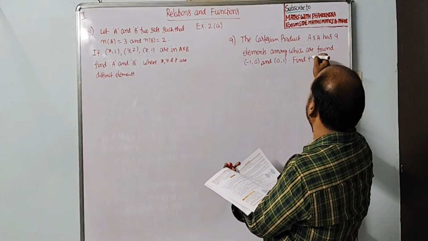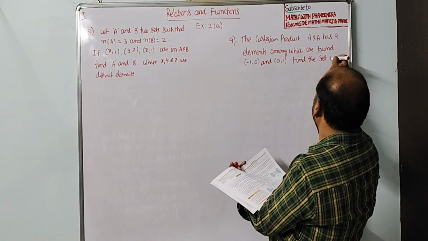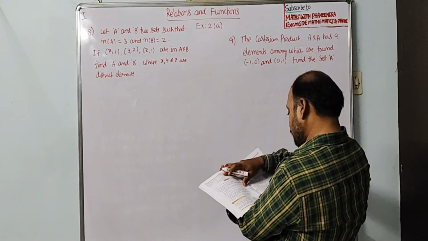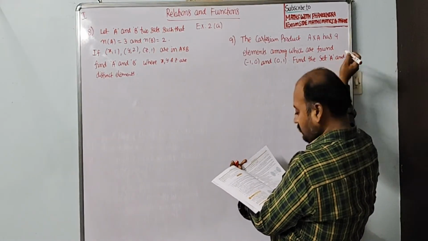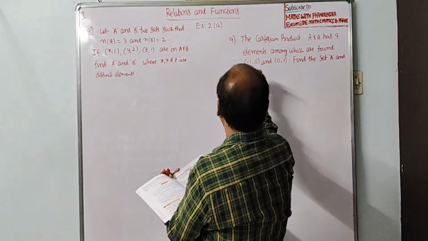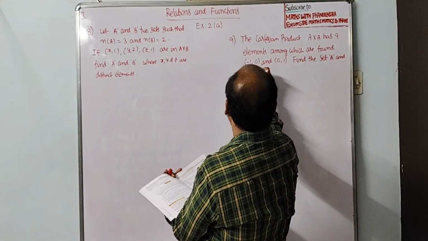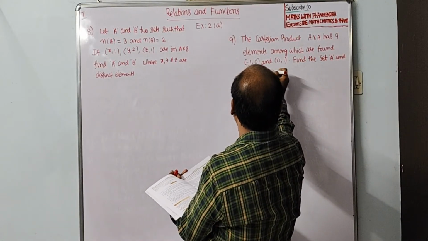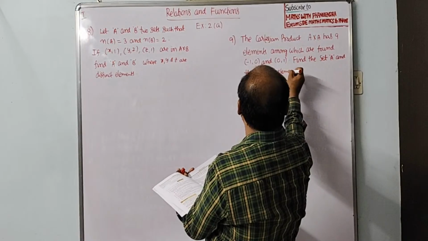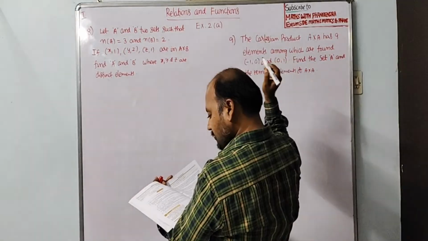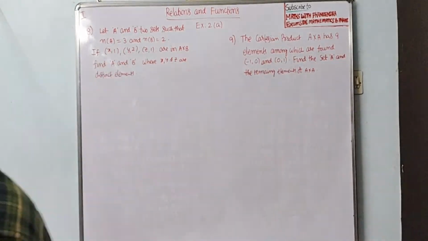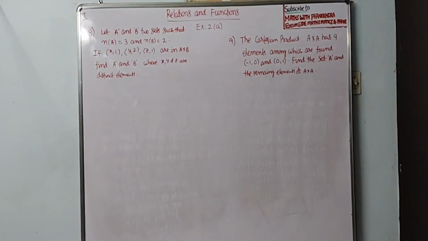Find the set A and the remaining elements of A cross A. So these are the questions, dear students.